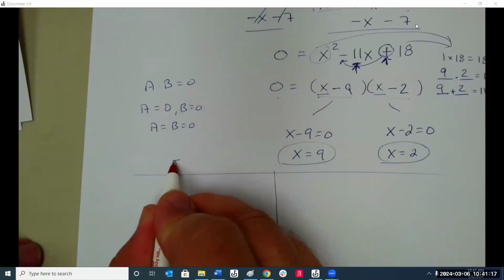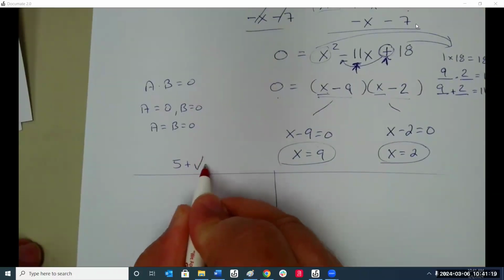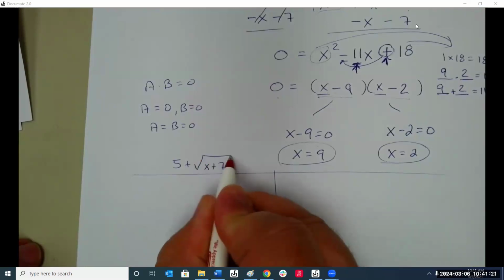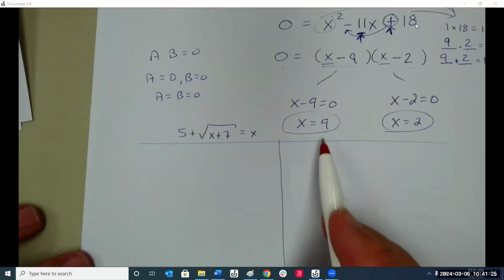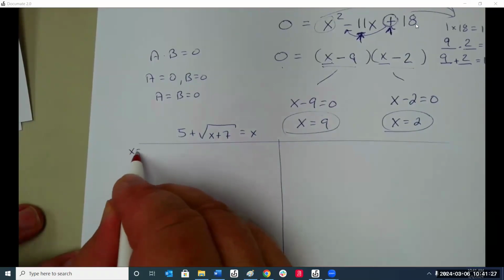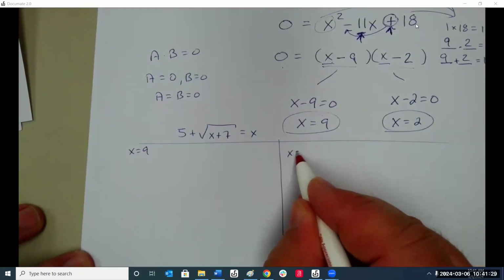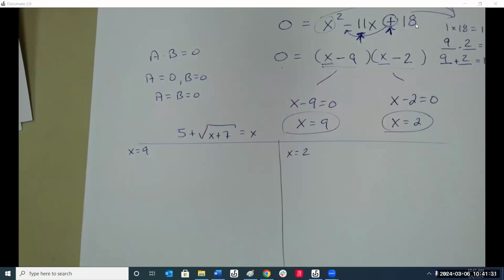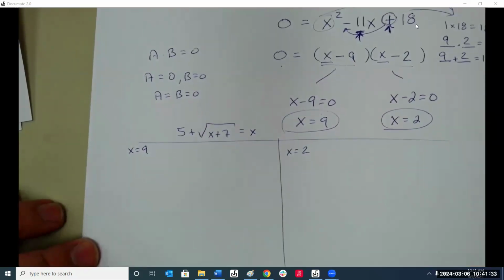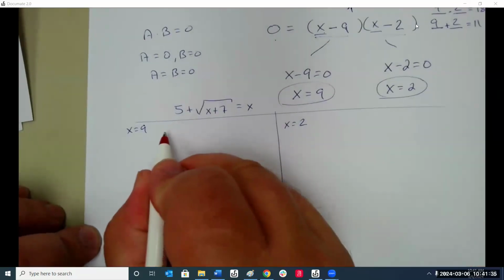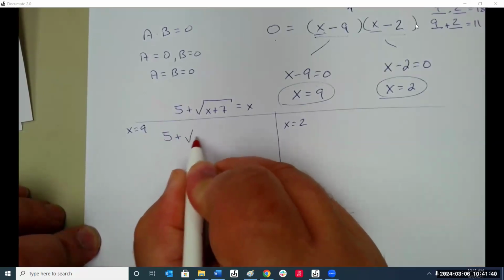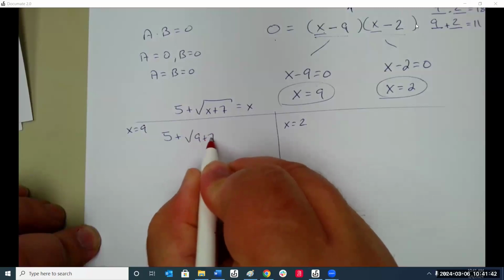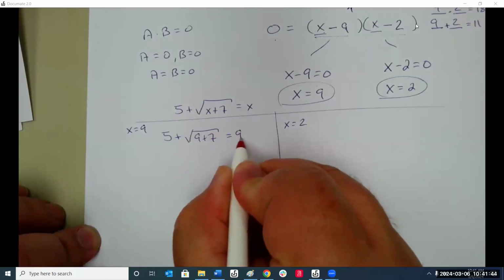The original equation was this. We have to try them, one for x equals 9 and one for x equals 2, and see if they both work. So it's 9 plus 7.